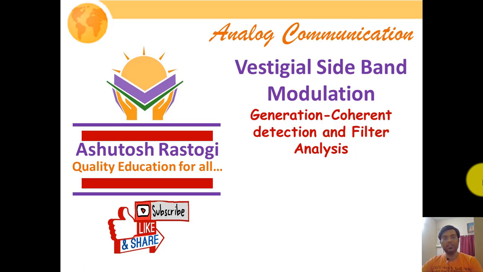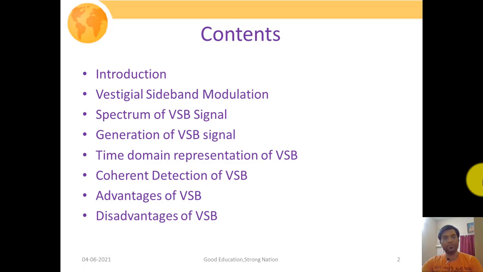Anyways, today in this particular lecture, we are going to discuss vestigial sideband modulation, which is a special type of AM modulation, or you could say it is part of amplitude modulation systems. So these are the outlines. We're going to start with the introduction. Then we will define vestigial sideband modulation. What do you mean by vestigial sideband? Then we will discuss the spectrum of vestigial sideband signals.